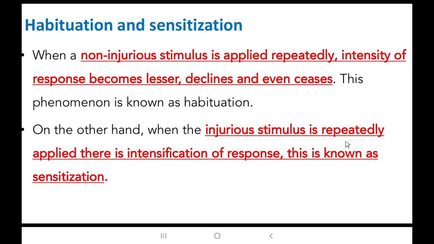In sensitization, when a noxious stimulus is repeatedly applied, there is intensification of response. It is known as sensitization. Okay? In habituation, response progressively decreases, but in sensitization, response progressively increases, intensified. This is called habituation versus sensitization. Okay.